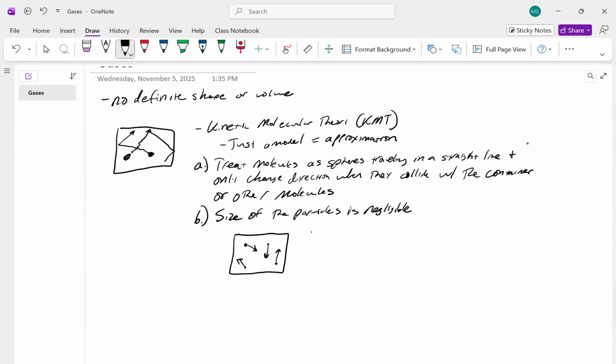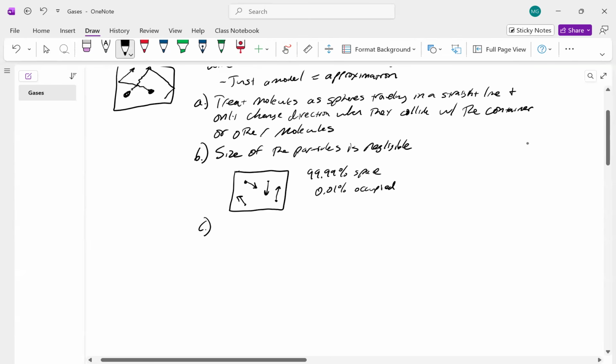In fact, about 99.99% is space, and only about 0.1% is actually occupied by anything. And that relates to an important property of gases, that they are very compressible. Because there's so much space in between them, they can be compressed into a small amount of space.